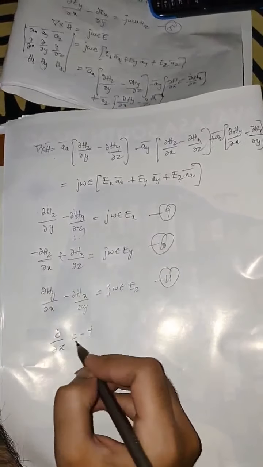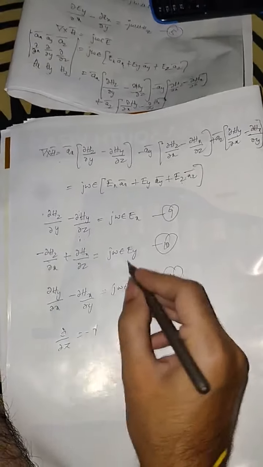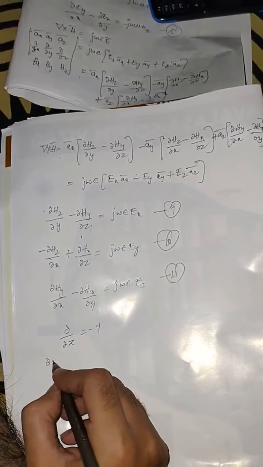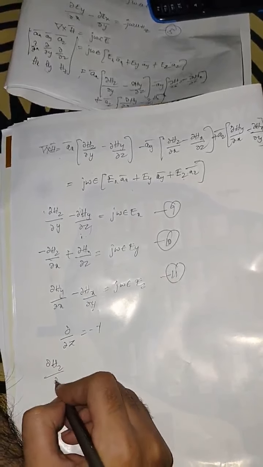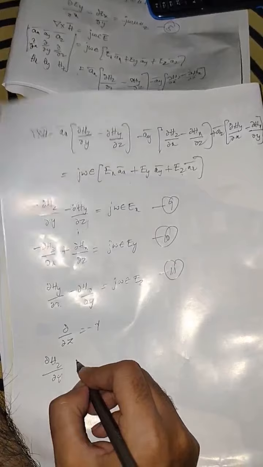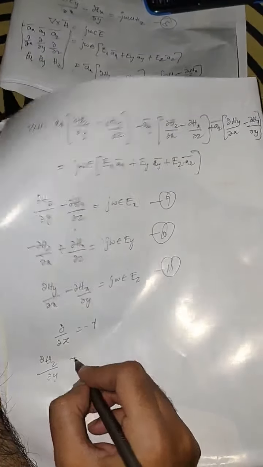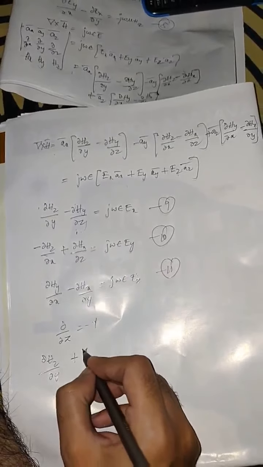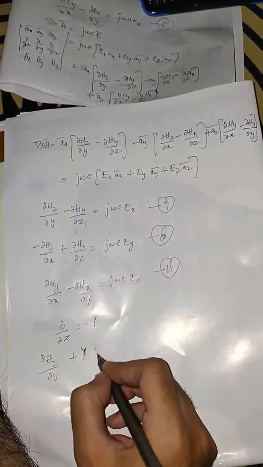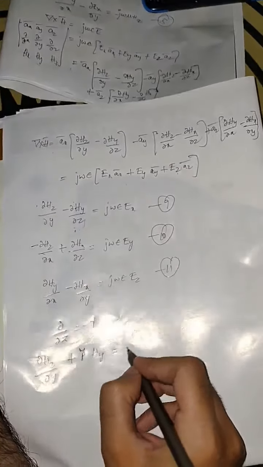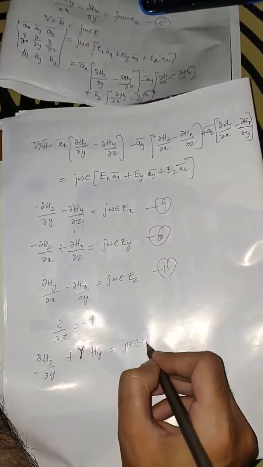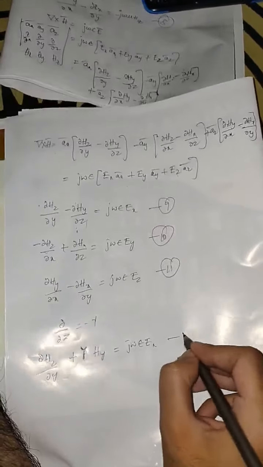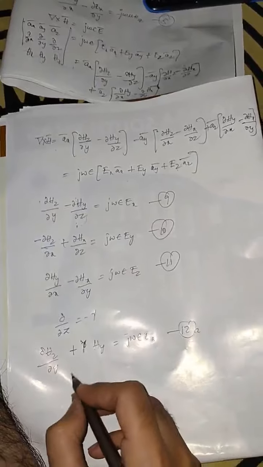So ∂/∂z is equal to minus gamma, so I am substituting in these particular equations. So ∂Hz/∂y minus of minus, so plus gamma Hy is equal to jωε Ex. So this is 12a.